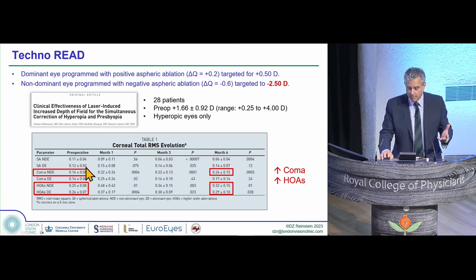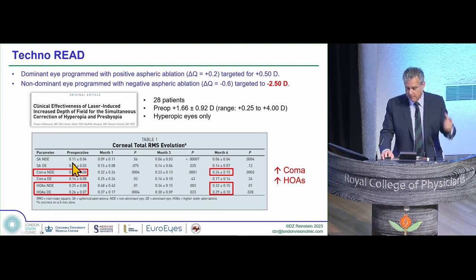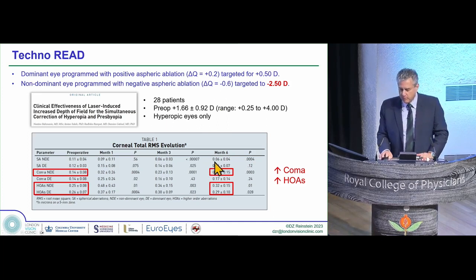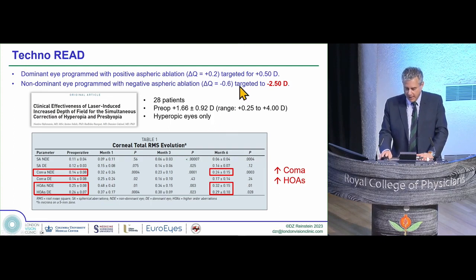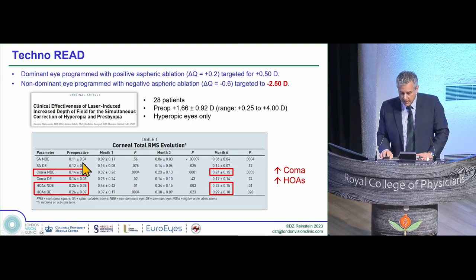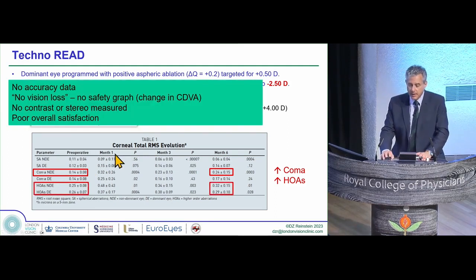But in the non-dominant eye, where they targeted -250 and a Q of -0.6, they got a Q of 0. So they didn't get the Q that they were aiming for, but it was a statistical change, even though it was like an imperceptibly small change.